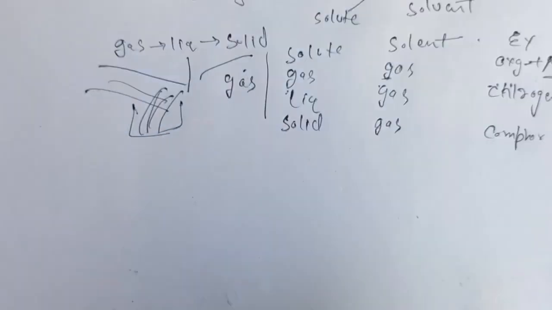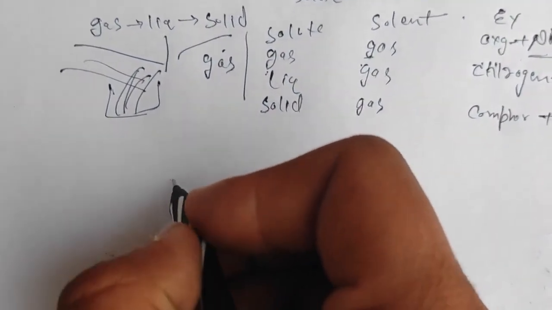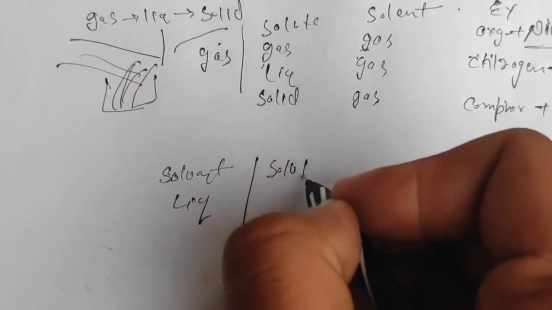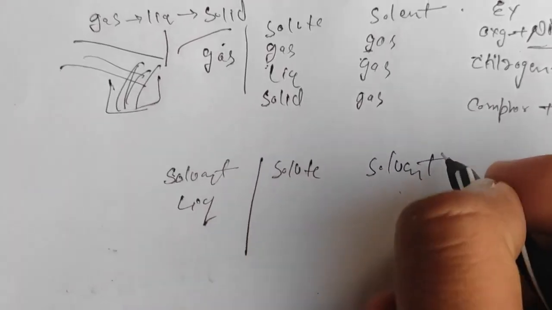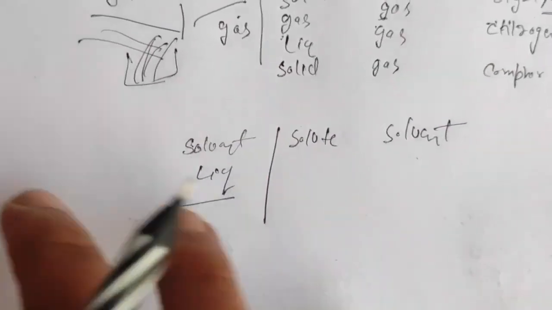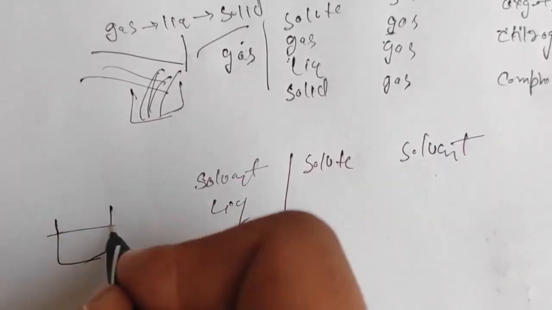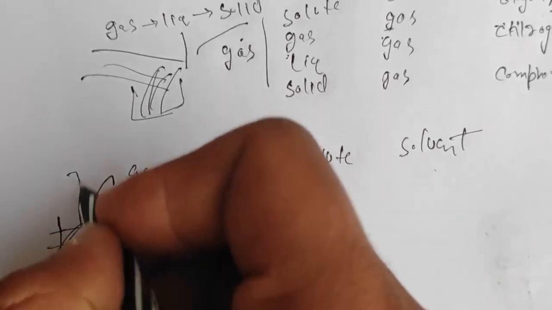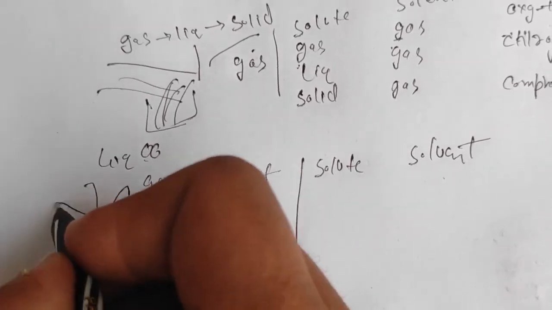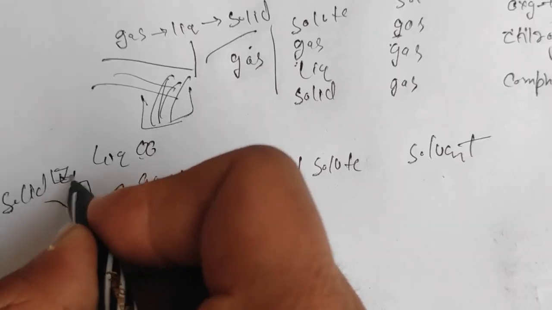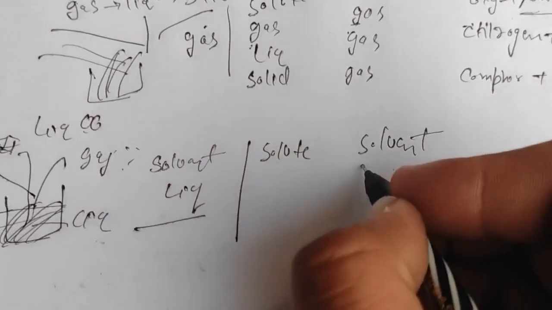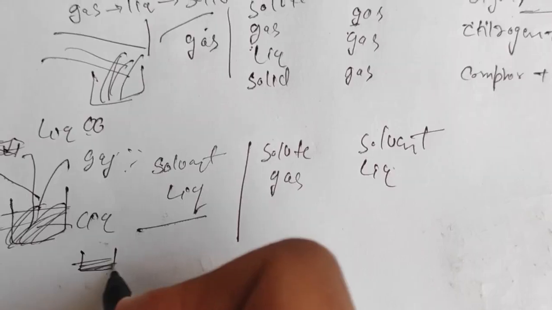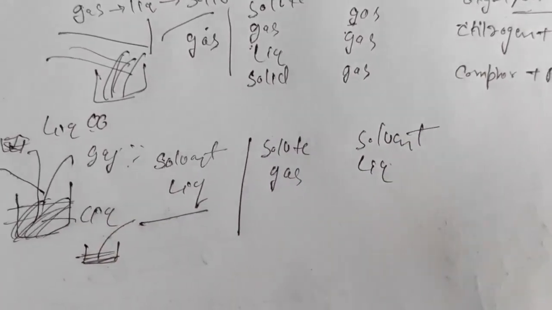Now our new solvent is liquid. For a liquid solvent, we fix the liquid part and vary the solute, with gas, liquid, and solid. First, the solvent is liquid and the solute is gas, so we have a large amount of liquid solvent and a less amount of gas.